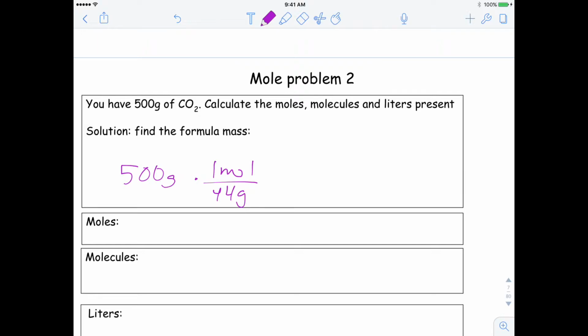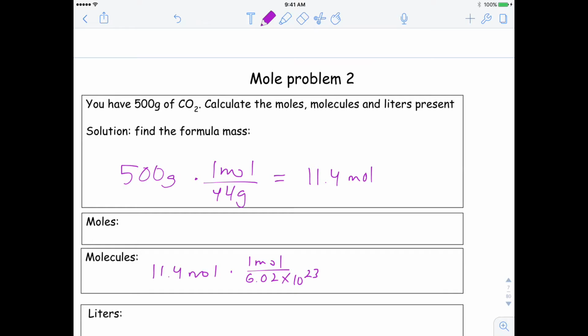What are the number of moles? I do 500 divided by 44, and I get 11.4 moles. If I want to change this to molecules, I can take that 11.4 moles and times it by 1 mole for every 6.02 times 10 to the 23rd molecules.